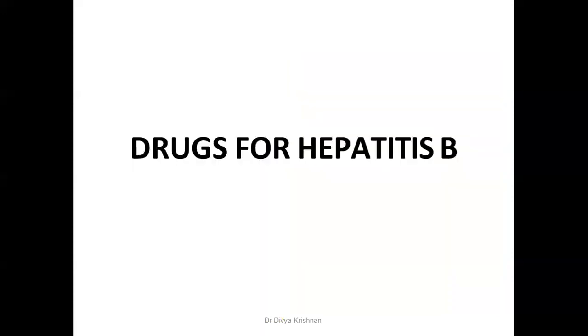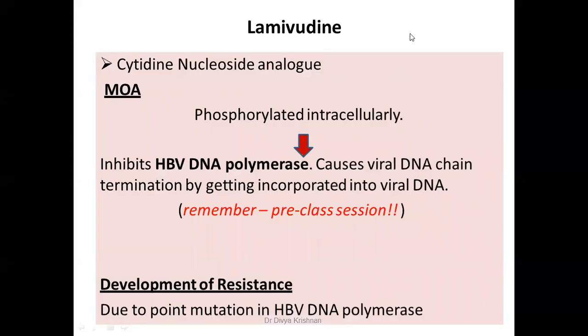So first we will look into the drugs for hepatitis B. Under this, first we are going to discuss lamivudine. It is a cytidine nucleoside analog. It is phosphorylated intracellularly. It inhibits the DNA polymerase. So all the general points that we discussed initially are seen in this case also.